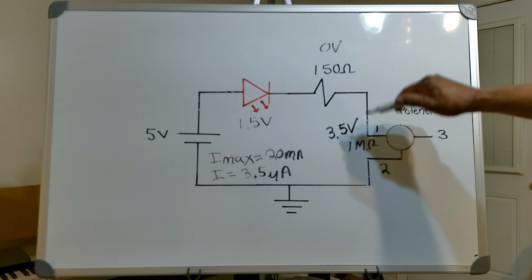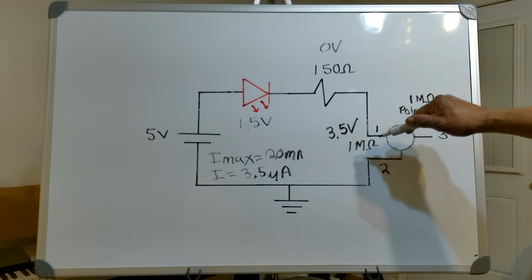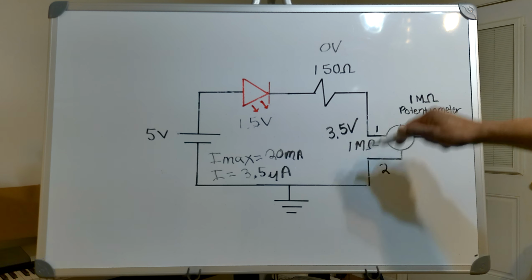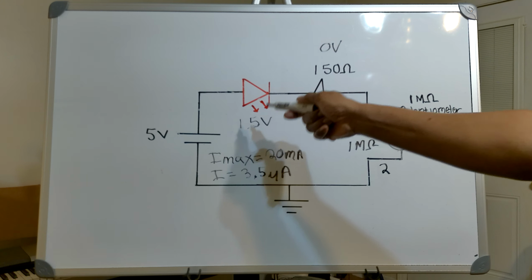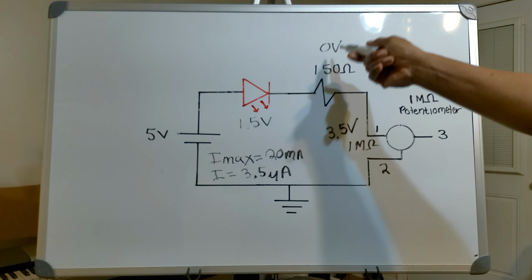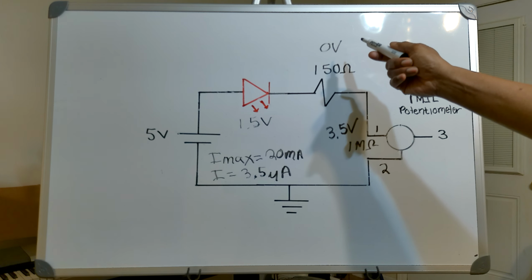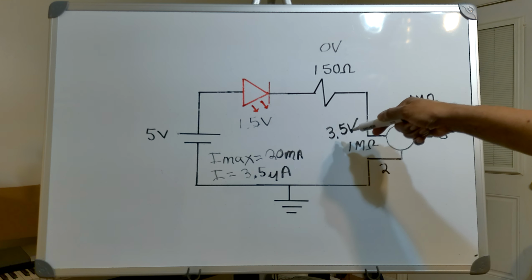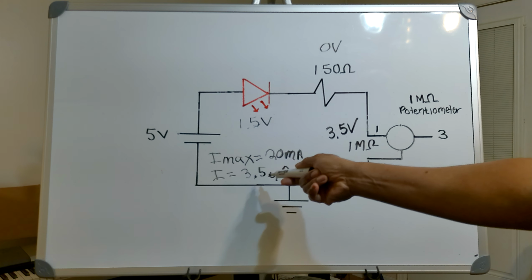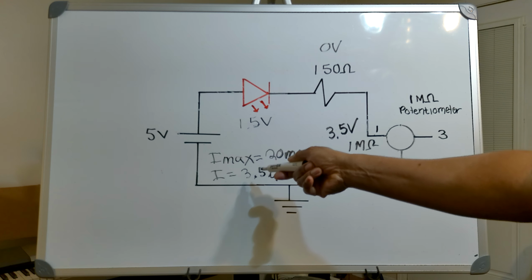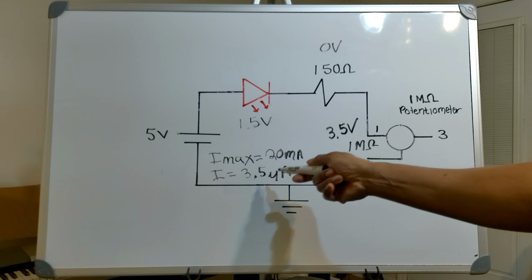So when I put 1 mega ohm here, I'm going to have 1.5 volts here, approximately 0 volts here, right? 3.5 volts here, and my circuit current is now 3.5 microamps.